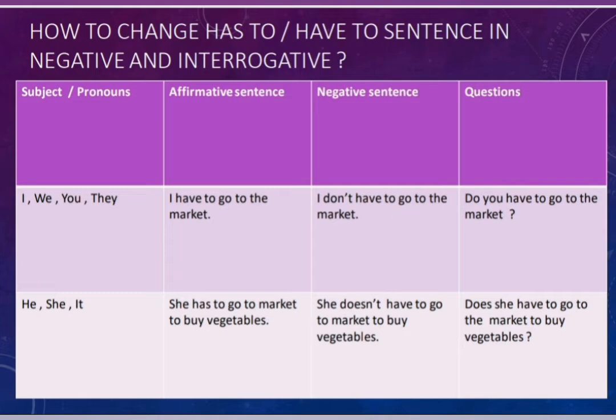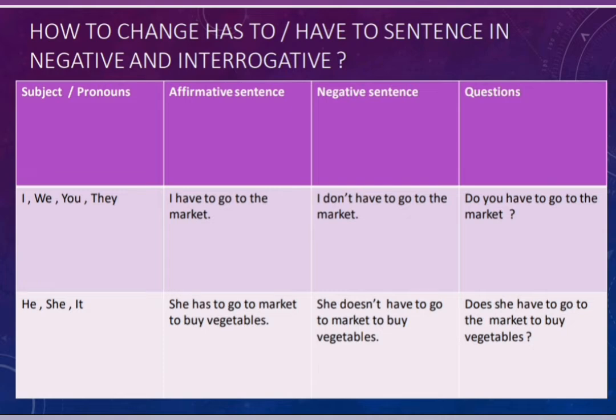Sentences written with the help of has to, have to, and had to modals can also be changed into negative and interrogative sentences with the help of the rules of simple present and simple past tense. Writing the has to, have to sentences into negative and interrogative forms, we will be following the rules of simple present tense.